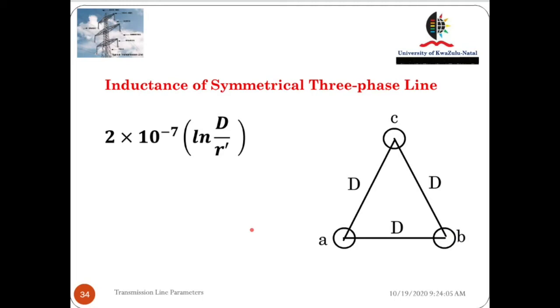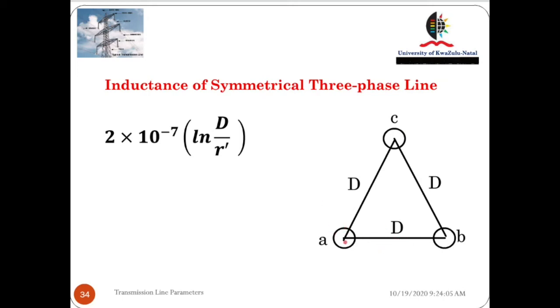Okay, now we're coming to the inductance of a symmetrical three-phase line. From single phase, we're going to a three-phase system, meaning we have three phases A, B, and C. We label those three conductors for the three phases A, B, and C, and they are configured symmetrically, meaning we put the conductors on the vertices of an equilateral triangle, separated by the distance D, assuming the distance between any two of them is capital D. So in that case, what will happen?